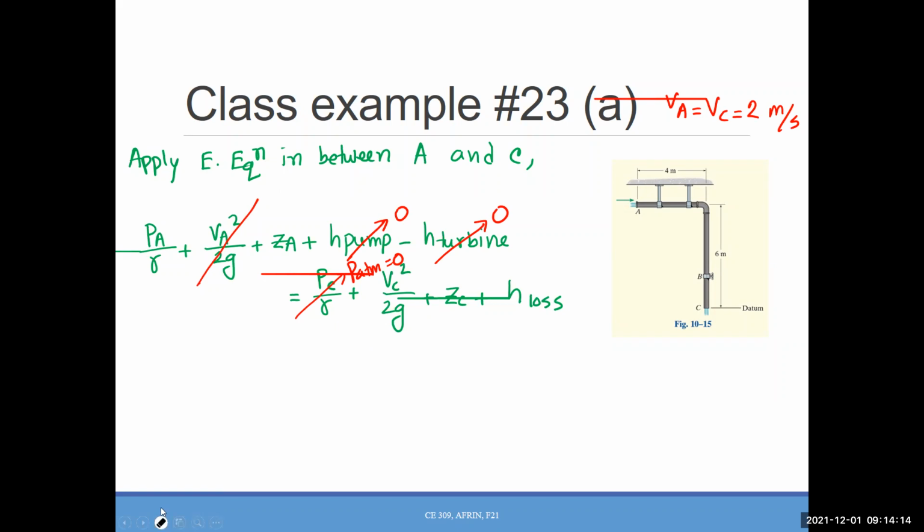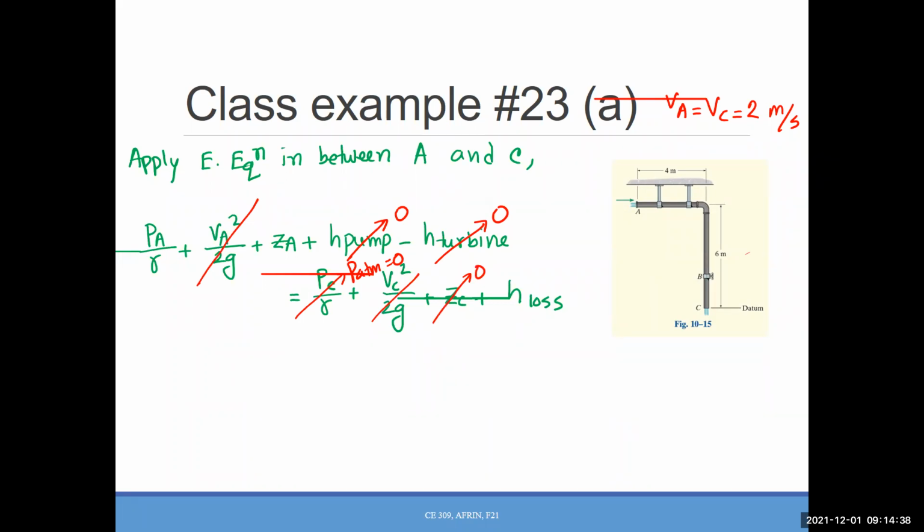Now one more thing here about Z_A and Z_C, right? So they already gave you the datum at C. So can you tell me what will be the Z_C? It will be 0.